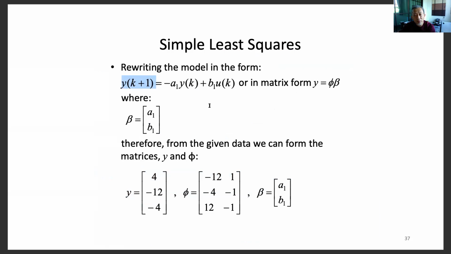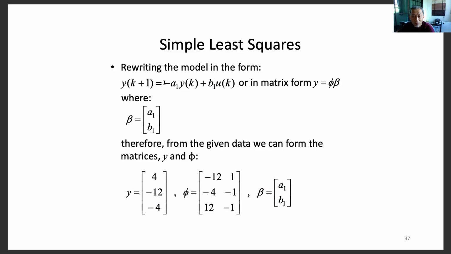And then for the theta, which is the combination of minus a1 and b1, we obtain it from the estimation, which is a1 and b1.